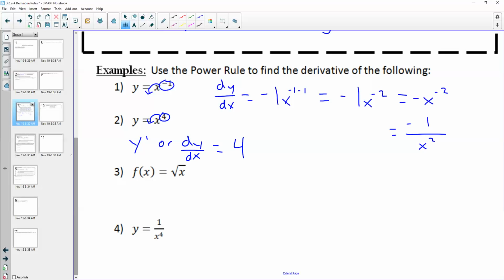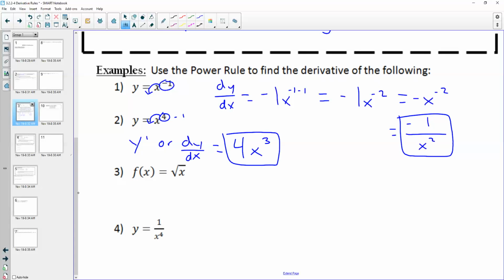So we'll have 4x, and we're subtracting 1 from that 4, so it'll be 4x cubed. That's it. Nice and easy. Nice and short, okay? We like the power rule.